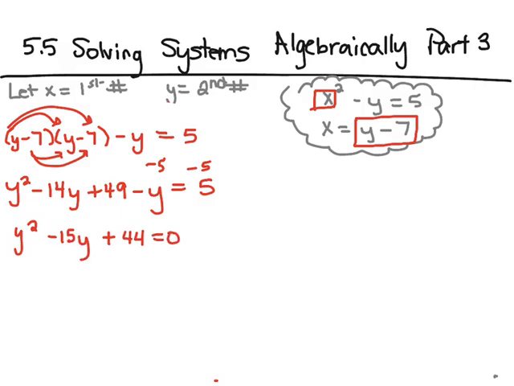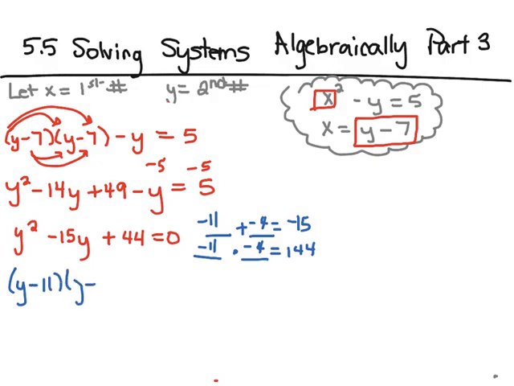Now we want two numbers that add up to negative 15 and multiply to get 44. So our numbers should be negative 11 and negative 4. So y minus 11 or y minus 4 is equal to 0 because we know that a is 1.